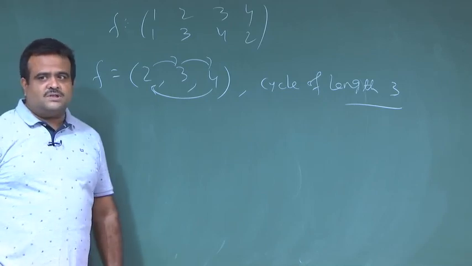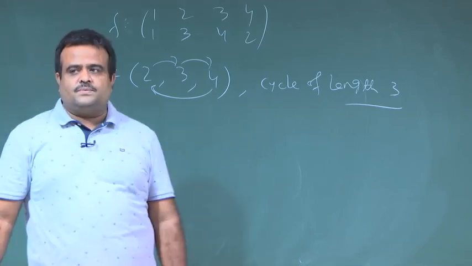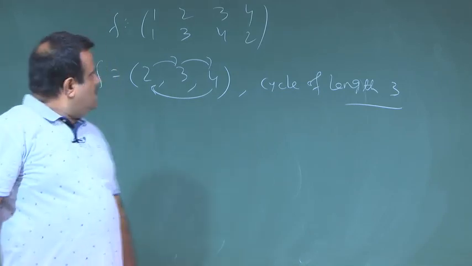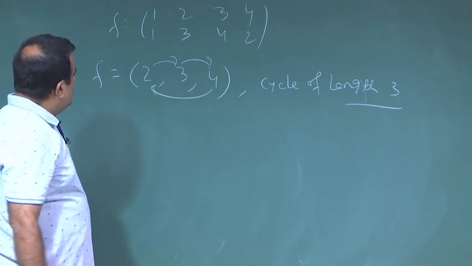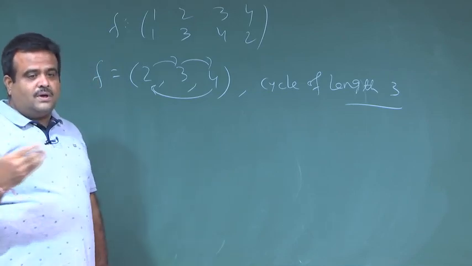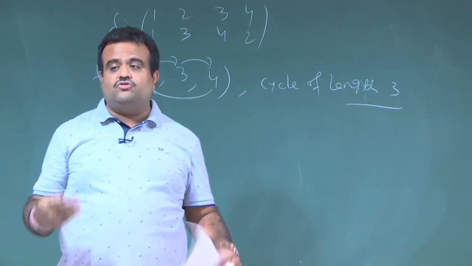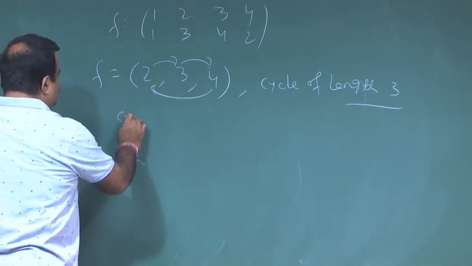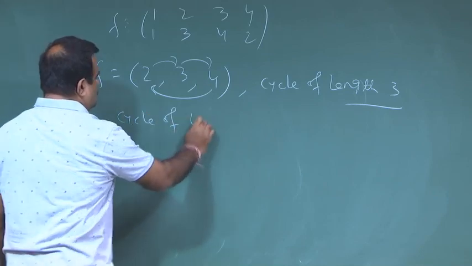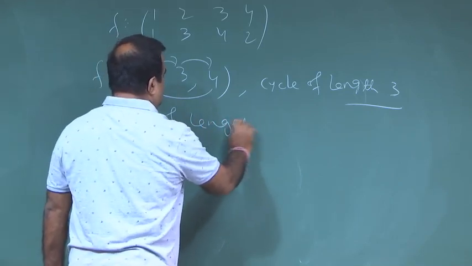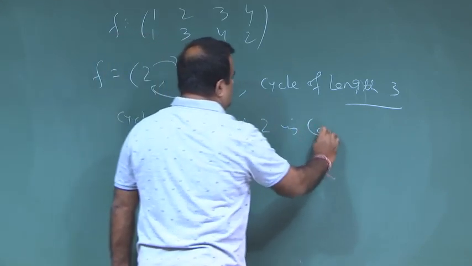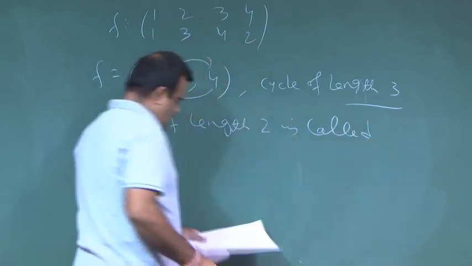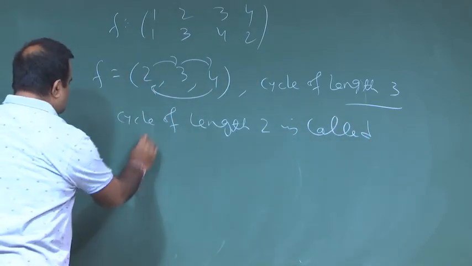So, every permutation can be written as a product of cycles. Now, not only product of cycles of length 2, basically we will come to that, and a cycle of length 2 is called a transposition.